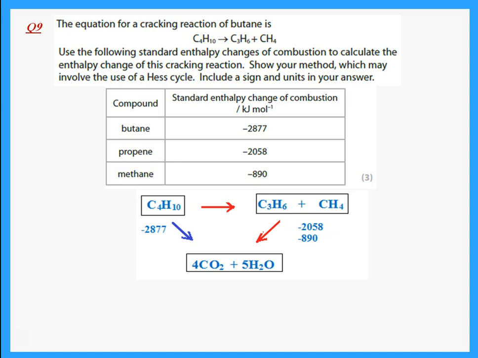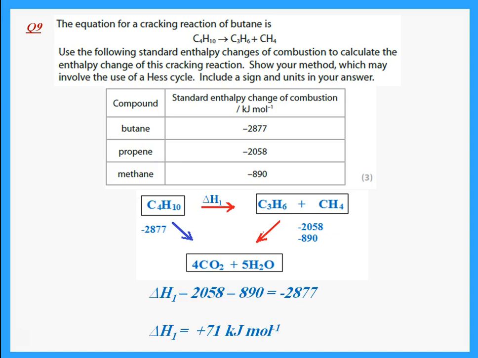We want the delta H for the C4H10 to give C3H6 plus CH4, but I have the delta H's. I can get the delta H's for each of these. So remember that going with the red arrow is equal to going with the blue arrow.